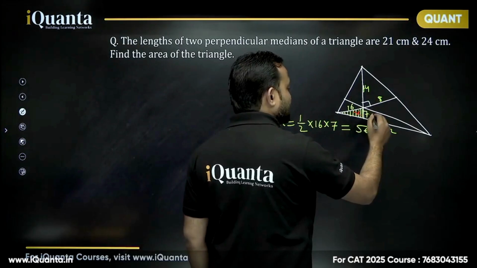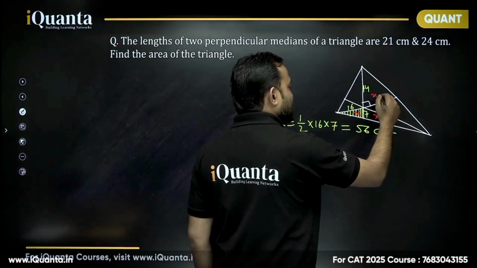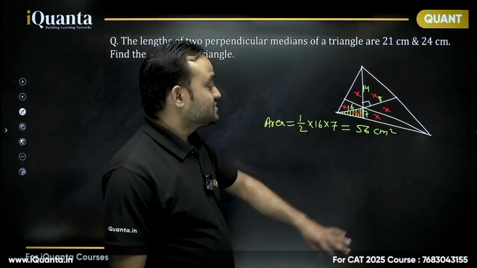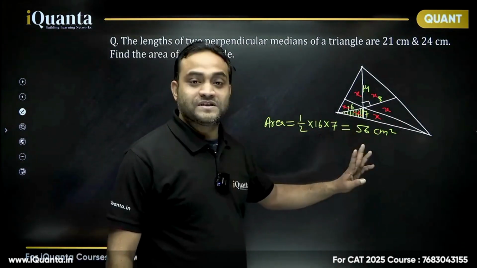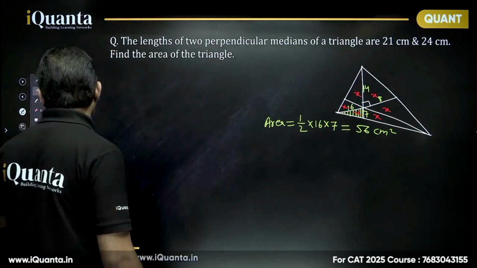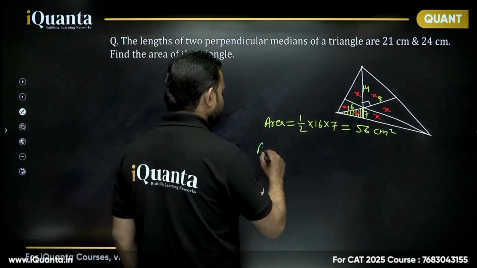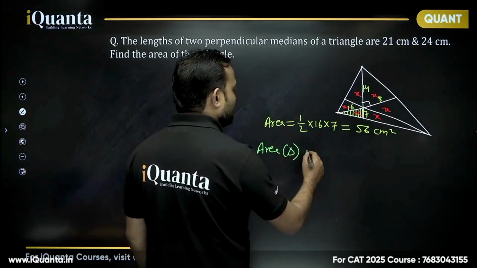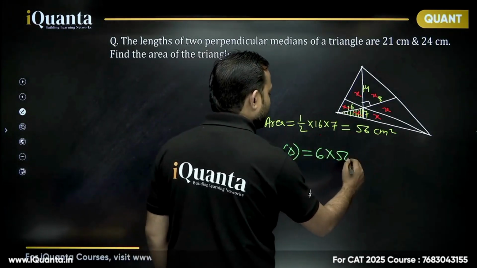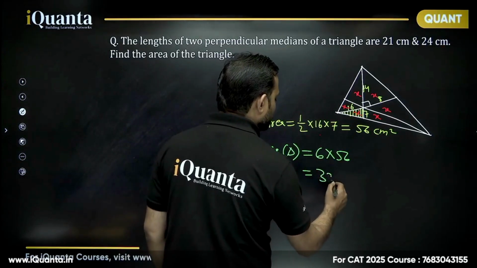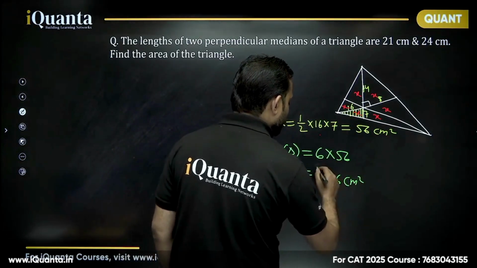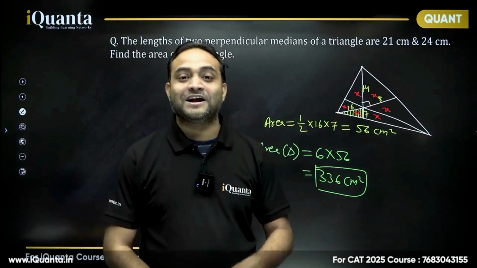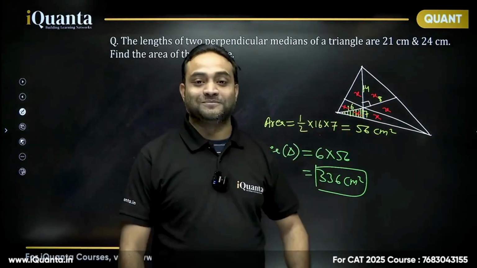That means अगर ये x है तो ये भी x, ये भी x, सारे x होंगे। तो ये x है 56 centimeter square. So what will be the area of the triangle? So area of the triangle will be equal to 6 into 56 which is equal to 336 centimeter square. Amazing question है ना, and amazing use of the concept.